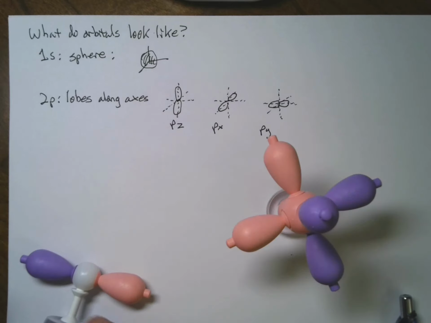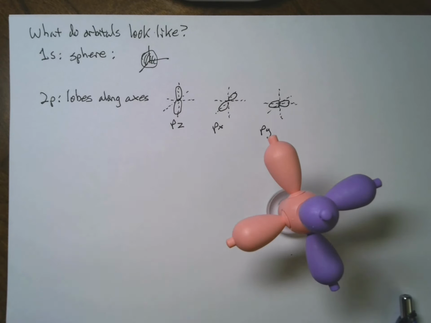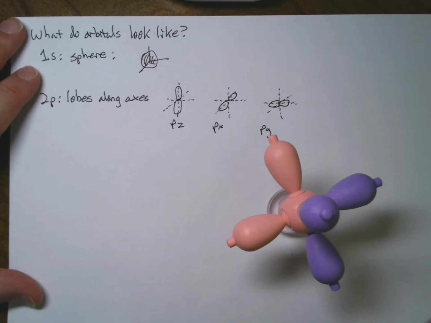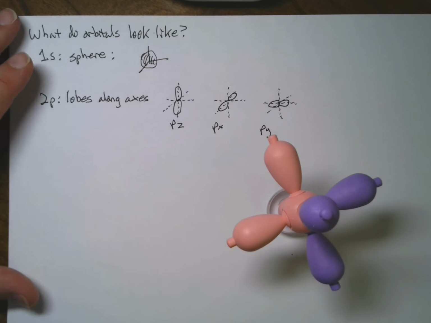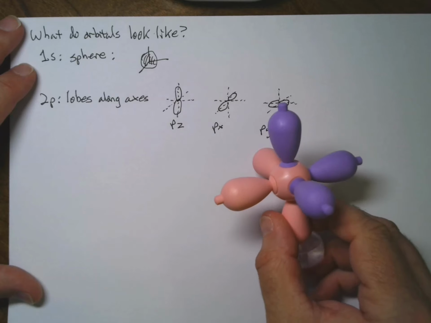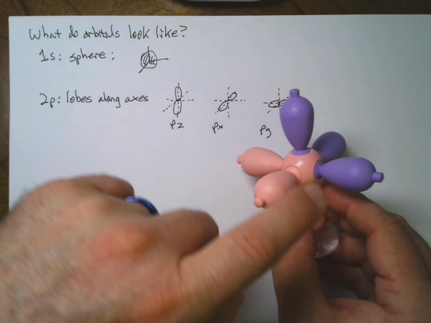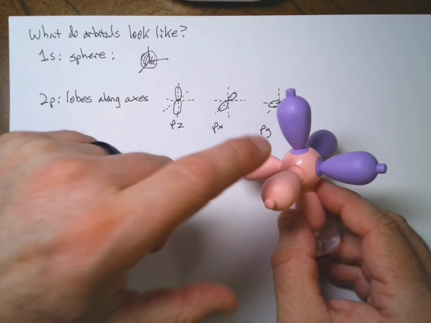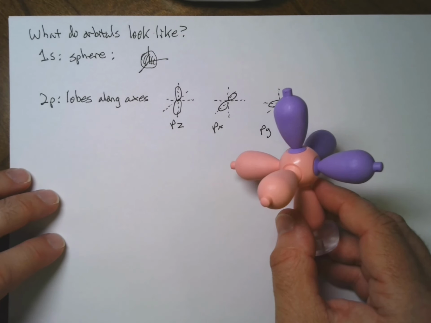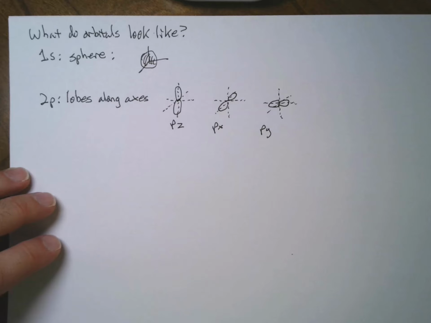So the 2p orbitals, there are 3 of them. You have to be very particular with how you say things here, are going to look like this. We have PZ, we have PX, we have PY. Okay.